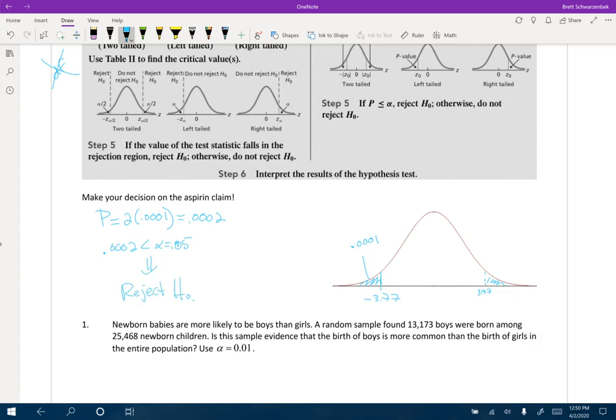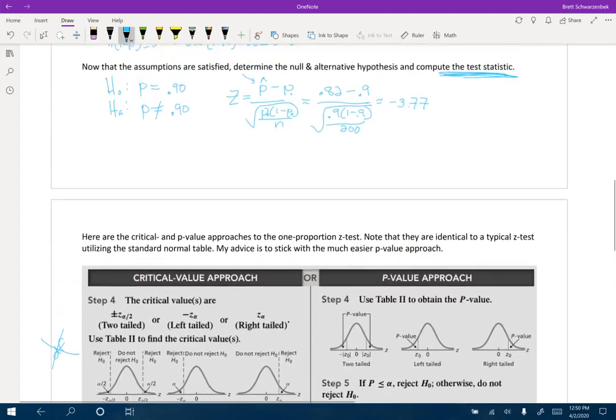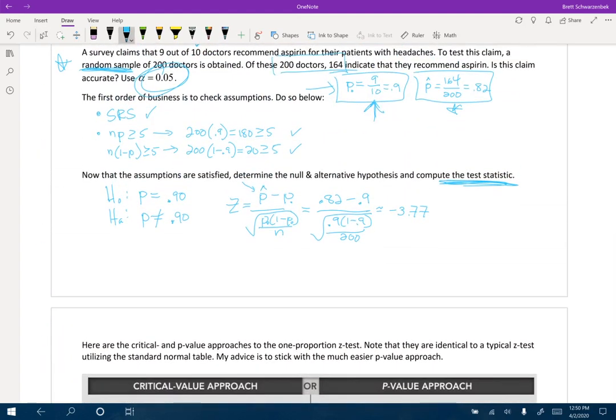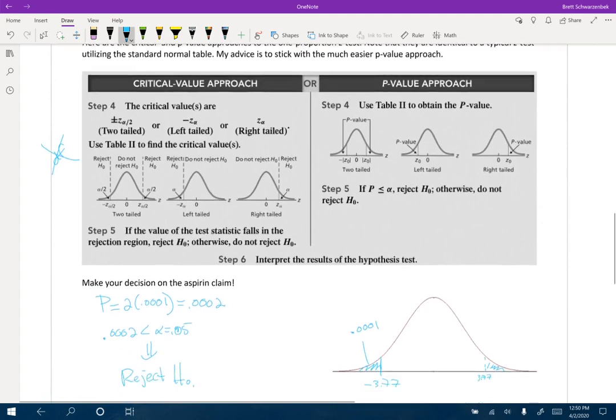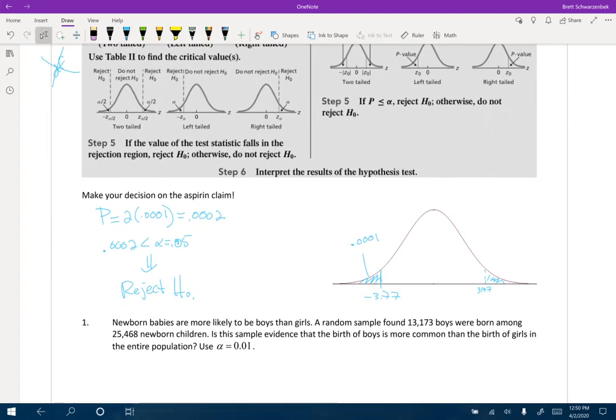So when we do that, if we're rejecting H naught, we would claim that the true proportion of doctors that recommend aspirin is not 90%. That is basically our change, and you know how to interpret that from the little things that we've done before. You just keep doing that.